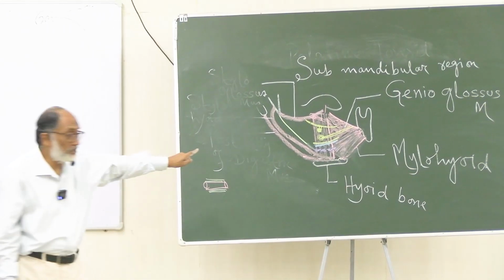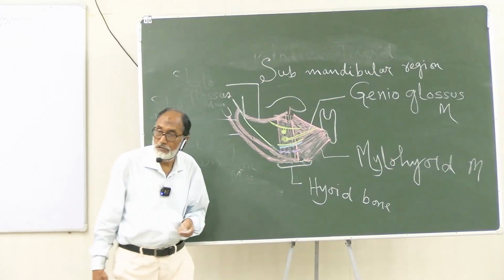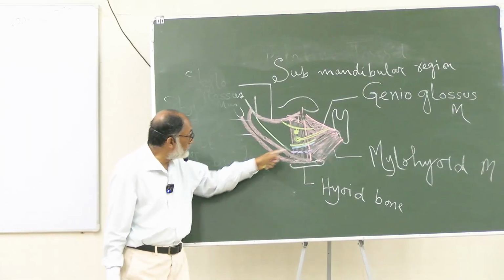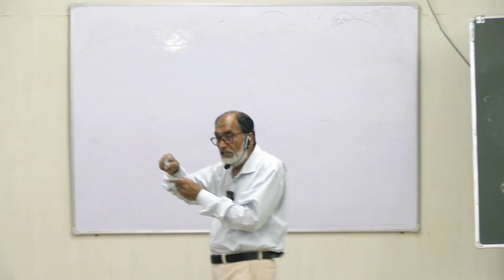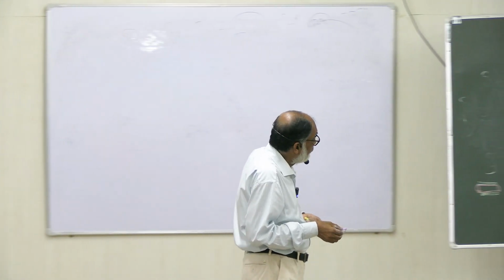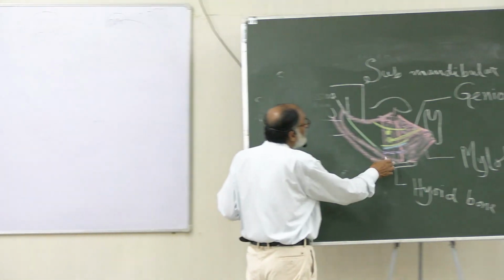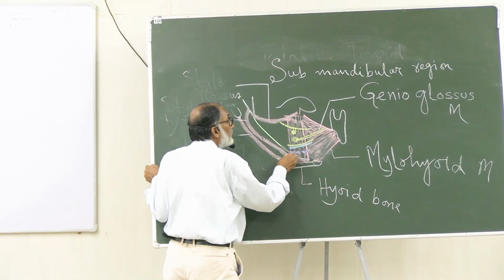This lingual artery passes deep to the hyoglossus muscle. It gives a first branch before entering the hyoglossus muscle, called the suprahyoid branch, which passes along the hyoid bone.